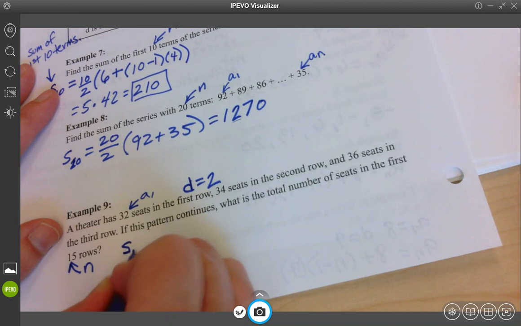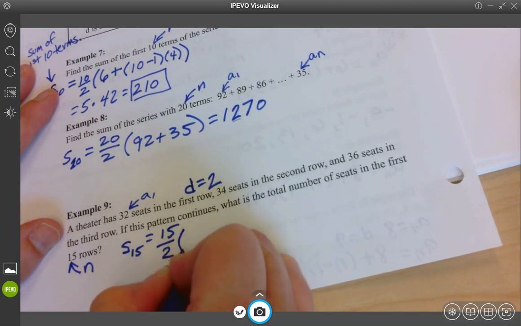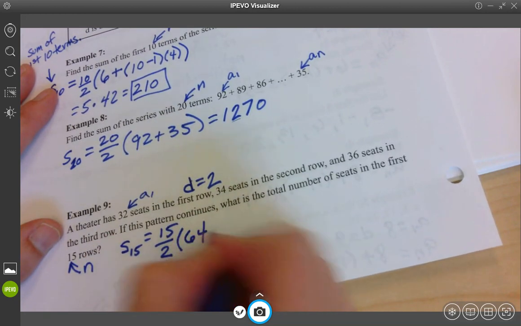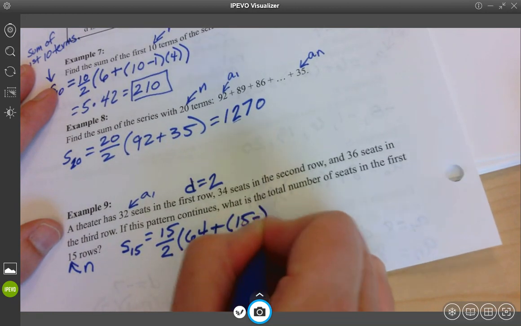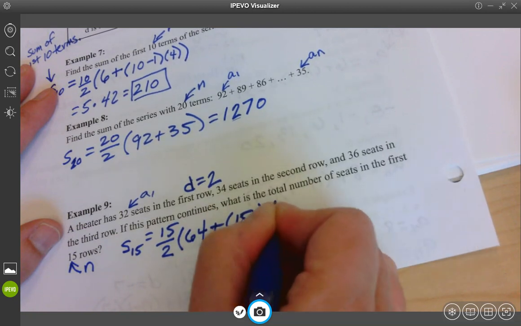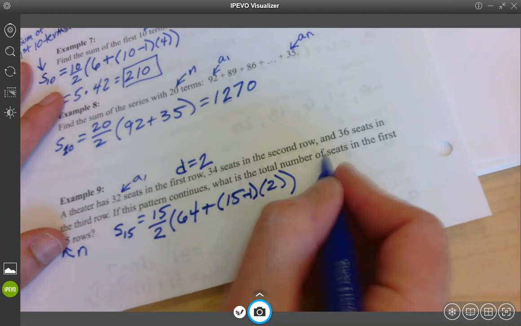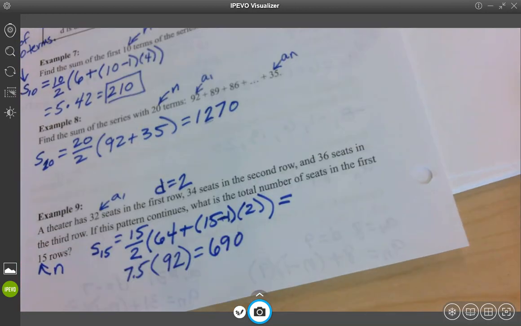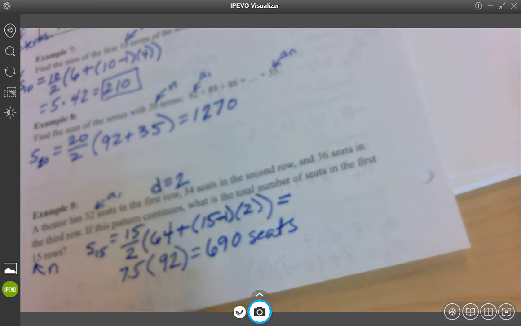So S sub 15. 15 over 2. 2 times 32 is 64 plus 15 minus 1, and then times D, which is 2. All right, take a moment to find that. Okay, so 690 seats in the first 15 rows. All right, guys.